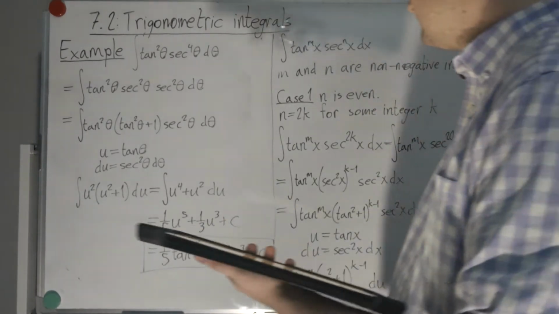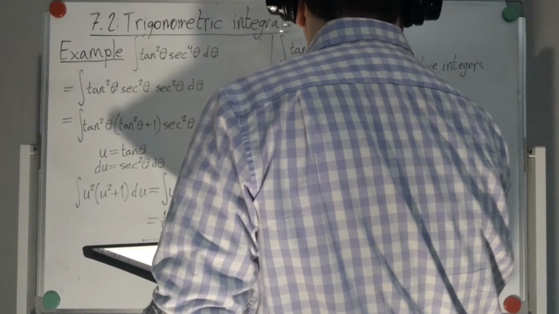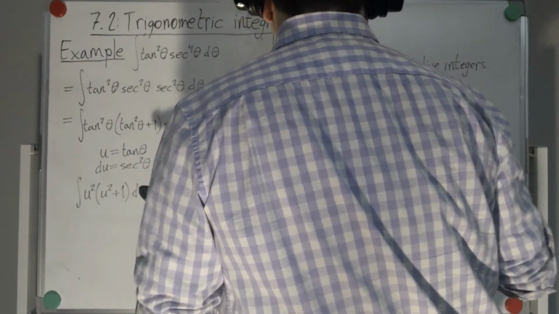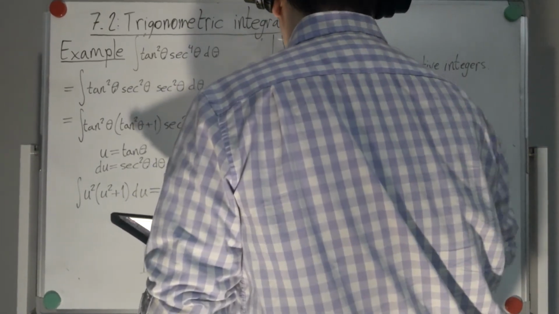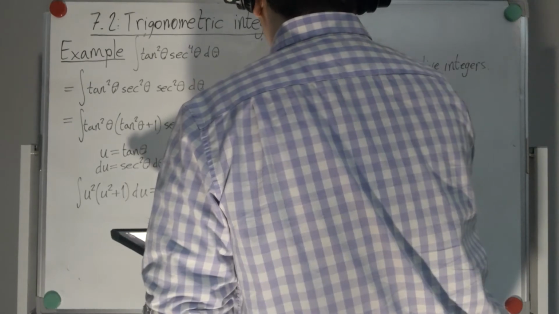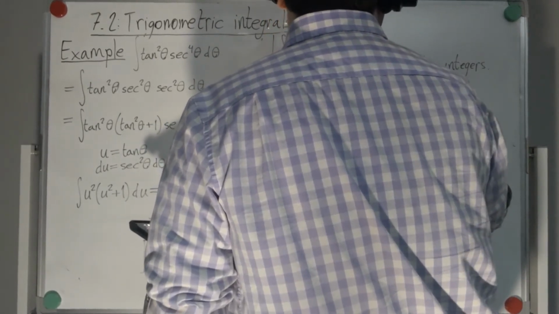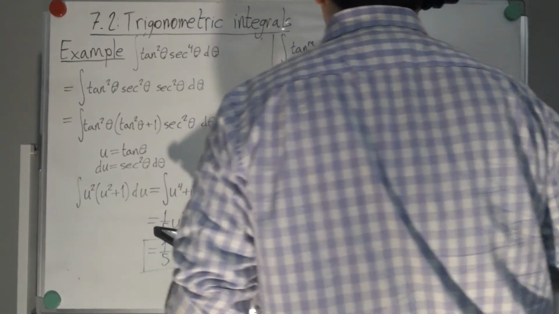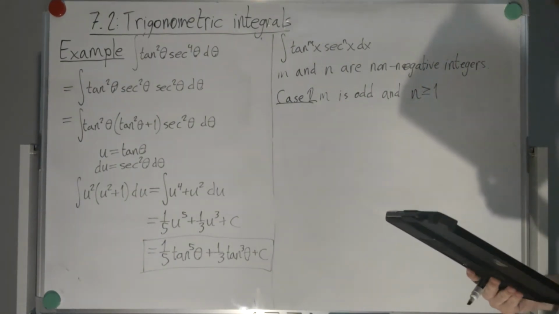Now then, the next case that we're going to consider is that m is odd and n is greater than or equal to 1. So this is case 2. m is odd and n is greater than or equal to 1. So n is a positive integer.